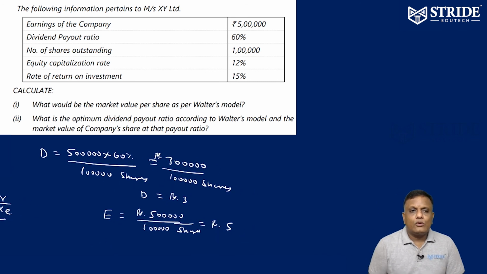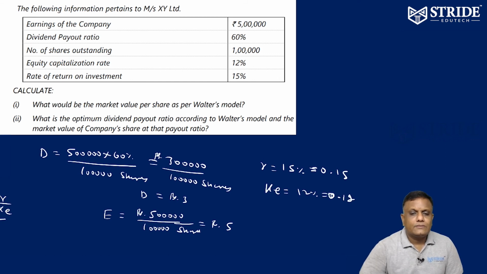R, the rate of investment, is equivalent to 15 percentage, that is 0.15. KE, cost of equity, is equivalent to 12 percentage, that is 0.12.